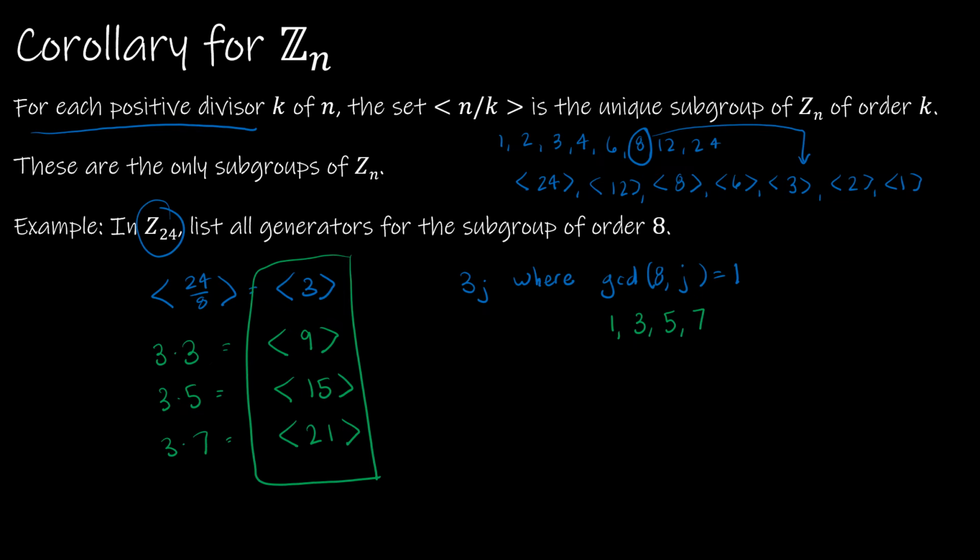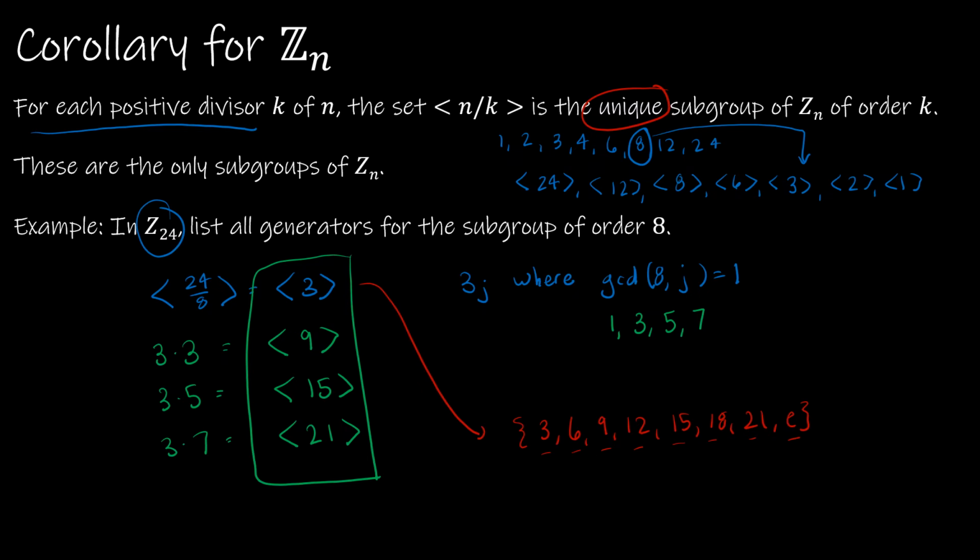Now, you might be saying, hold on, when we talked about this, we said it's a unique subgroup. Well, that's okay, because if I generate with 3, that's going to give me 3, and then 6, and then 9, and then 12, 15, 18, 21, back to the identity, right? So 1, 2, 3, 4, 5, 6, 7, 8.